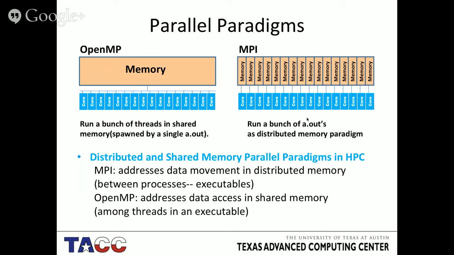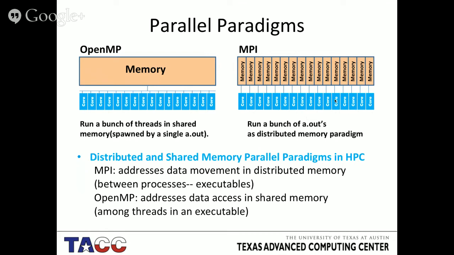So if the executable is a.out and you say ibrun a.out, what is really occurring behind the scenes is that you are executing 16 different processes in the background. Eventually those hook up and you can run MPI across them.